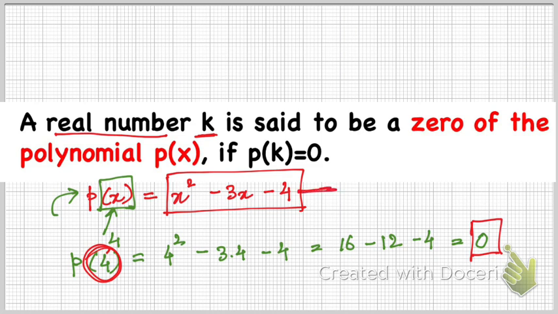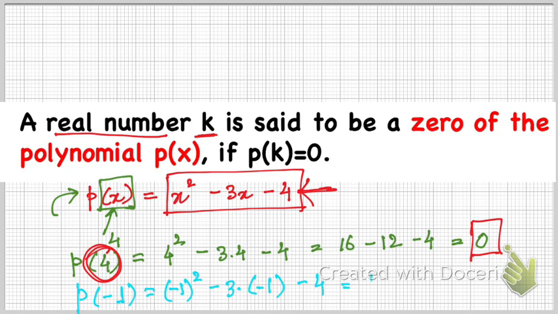Now, is 4 the only zero of the polynomial, or do we have any other zero? Let's check with another value of x, x = −1, p(−1). What will we get? (−1)² − 3 × (−1) − 4.